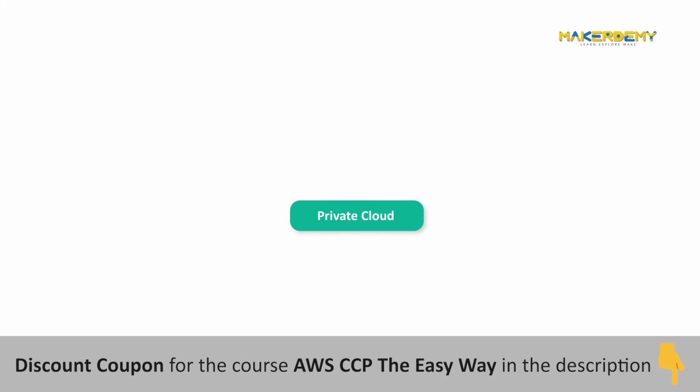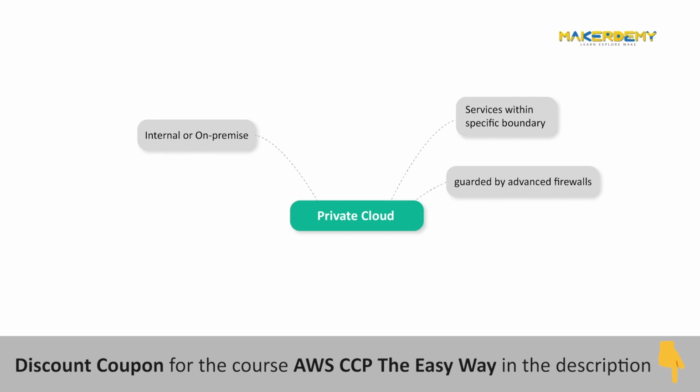Private cloud, that is on-premise in AWS. Private cloud, also termed as internal cloud or on-premise, allows the accessibility of systems and services within a specific boundary or an organization. The private cloud platform is implemented in a cloud-based secure environment that is guarded by advanced firewalls under the surveillance of the IT department that belongs to a particular organization.